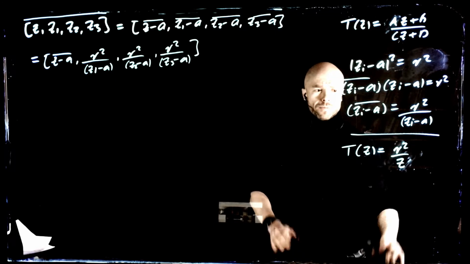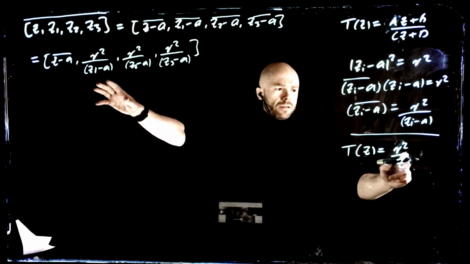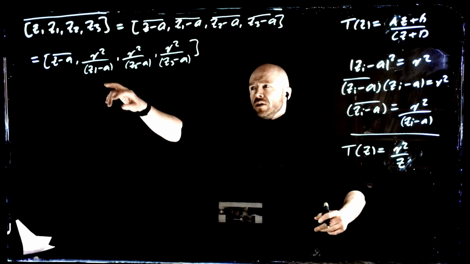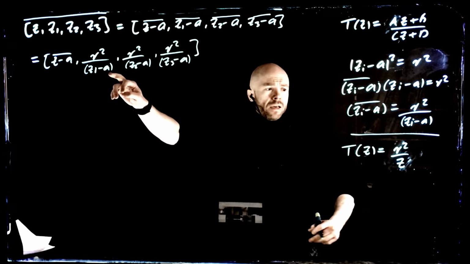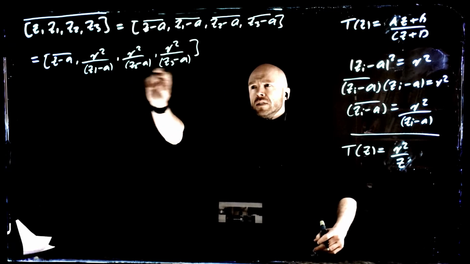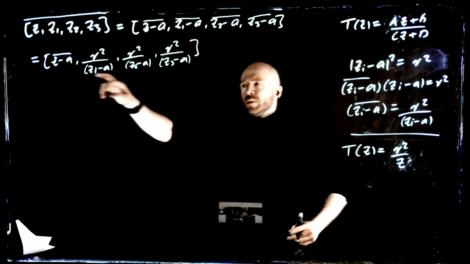Because when we put these points into this, we are just going to get Z1 minus a. And all of these will be nice and simple, and this thing will be turned into something else.